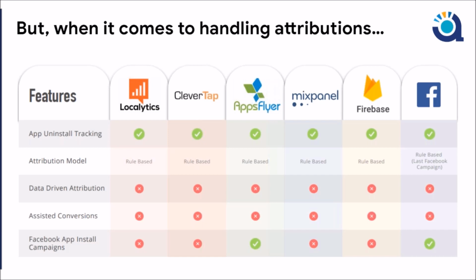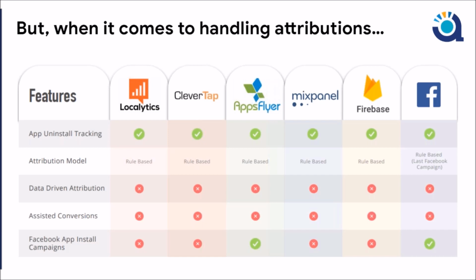In such a scenario, Firebase comes in very handy because it has an advantage of getting seamlessly integrated with BigQuery, where it provides the raw data of Firebase Analytics of the users' patterns, users' behavior, and I can have my data science team work on it, and I can build custom attribution models which are data driven, as well as create insightful reports for understanding assisted conversions or also identifying the best conversion paths by my users.